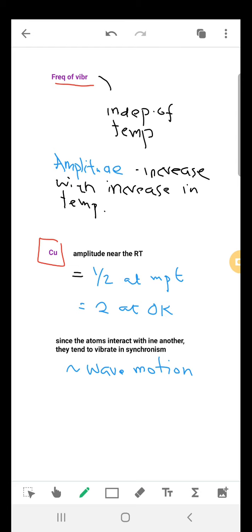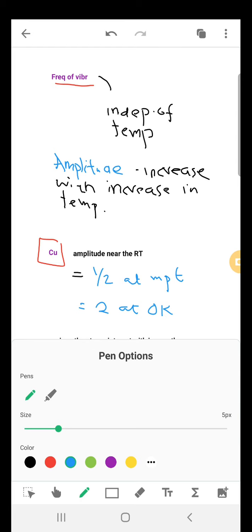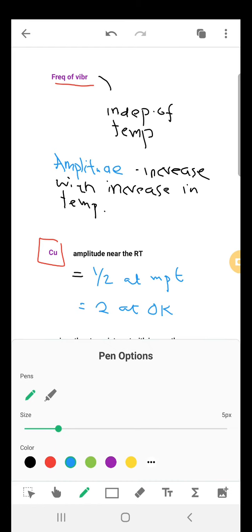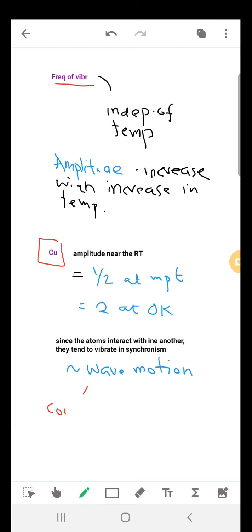However, an interesting observation is that the wave motion of these elastic displacements in a crystal is constrained by the periodic spacing of the atoms.